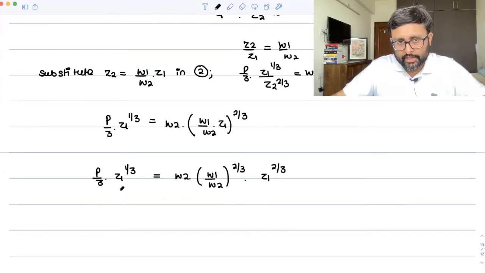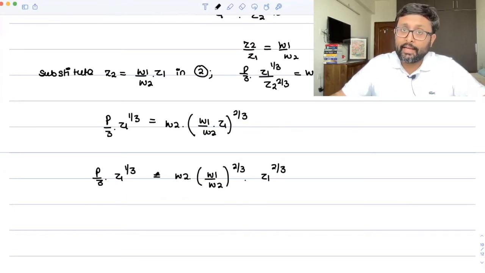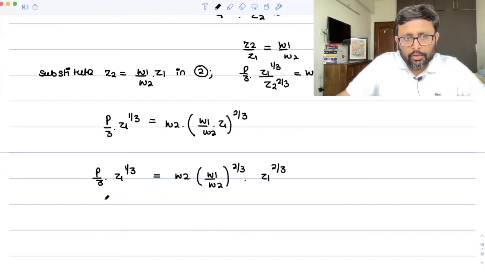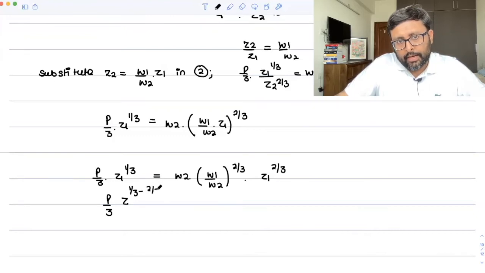So it will be Z1 to the power 1 by 3 minus 2 by 3. So this will be Z1 to the power 1 by 3 upon Z1 to the power 2 by 3. So that is 1 by 3 minus 2 by 3, W2.